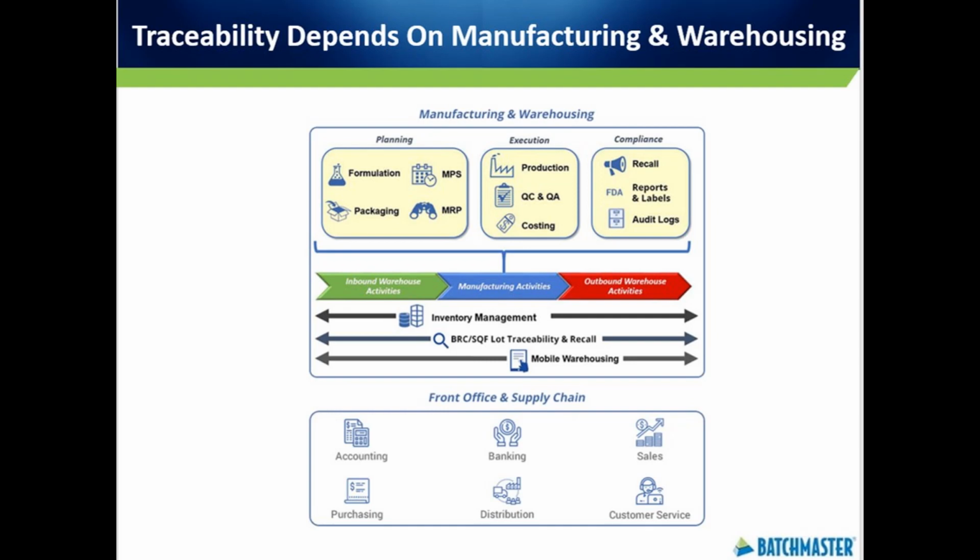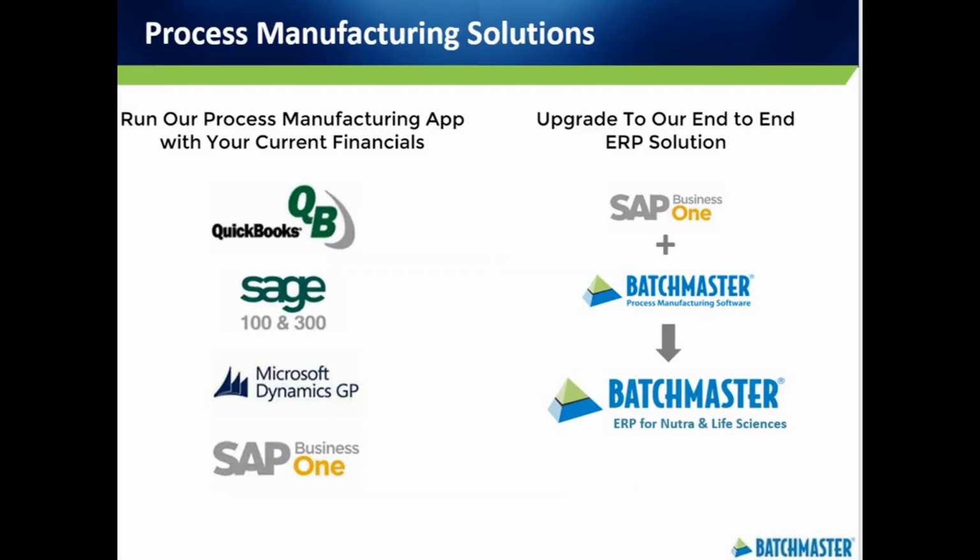Obviously, when you're using a mobile device, you're capturing the worker's ID, so CFR11, and you are also capturing and validating the lot number on the spot rather than using paper and bringing that over to a workstation and then scanning that in at that point. So there are obvious benefits in using mobile warehousing when it comes to lot traceability and recall.